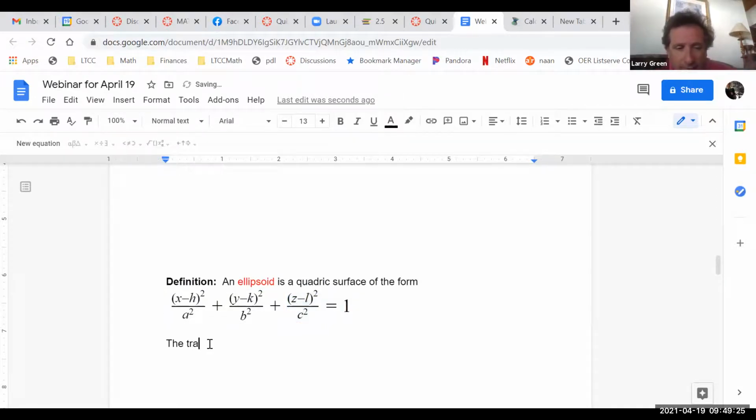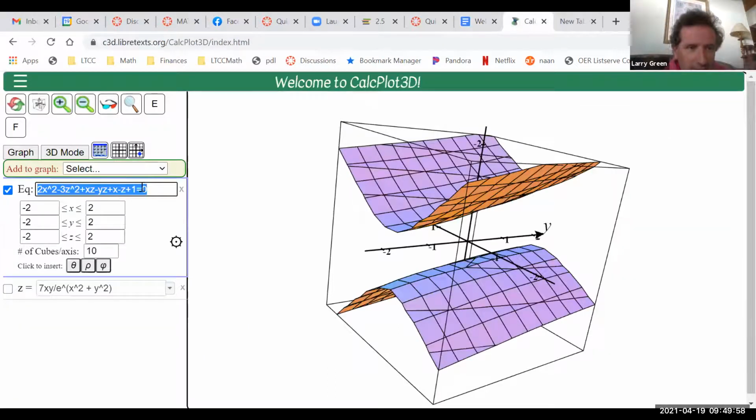The trace of a surface is a projection of it onto a coordinate plane. So notice a projection of an ellipsoid is always an ellipse. Very easy to take a look at.